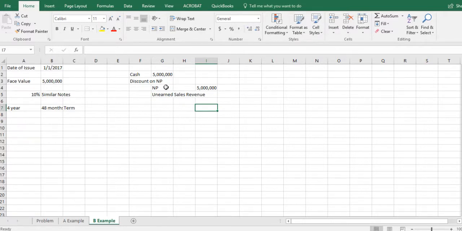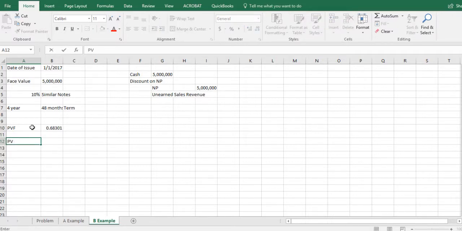So when we multiply the present value factor of 0.68301, this is going to give us the present value that we need to reflect for the note. So face value times 0.68301.